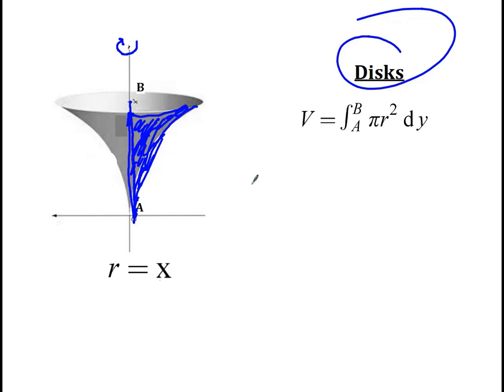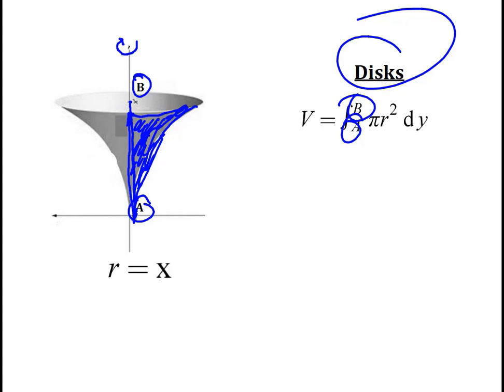And so now our A and our B values, our limits of integration, are going to be with respect to the y-axis. Our starting point and end point are with respect to the y-axis as opposed to the x-axis. Once again, we're looking at an infinite number of disks, adding up the volume of all of those. Since they're infinitely thin, we just have to worry about the area of each disk.